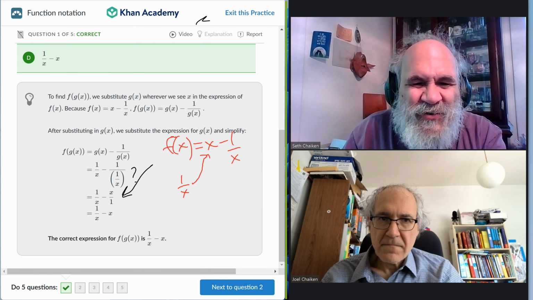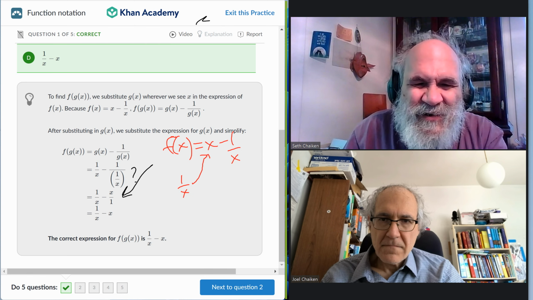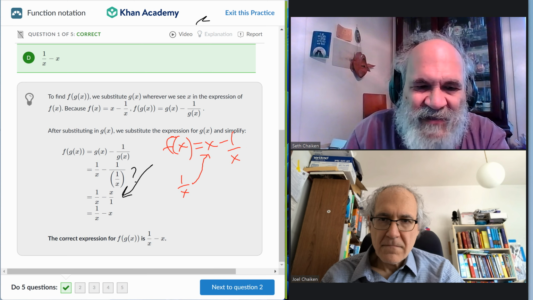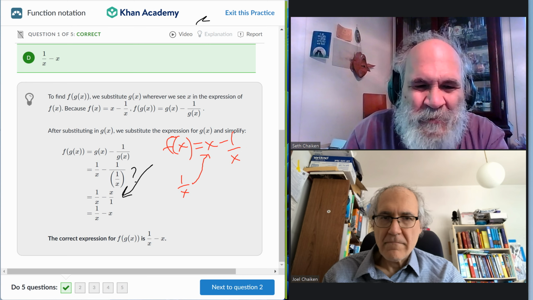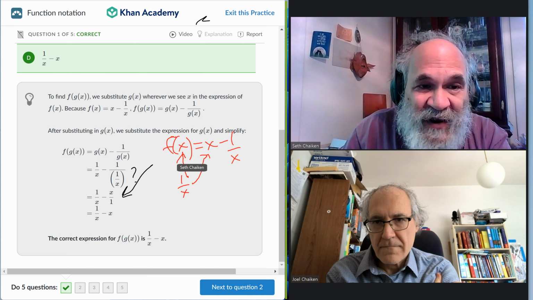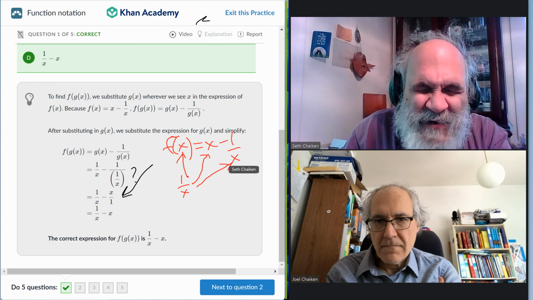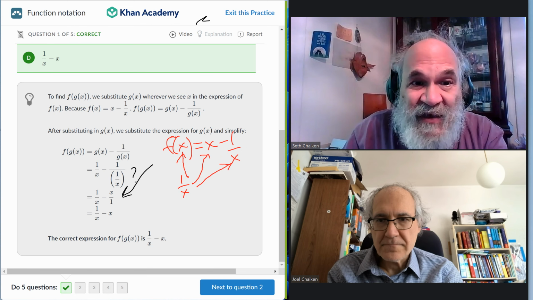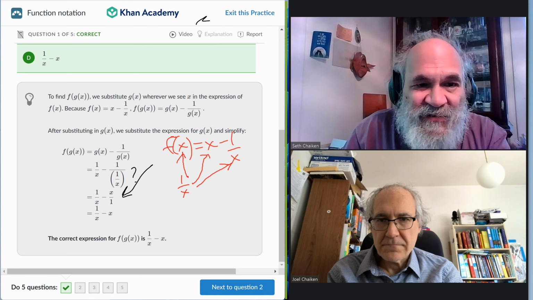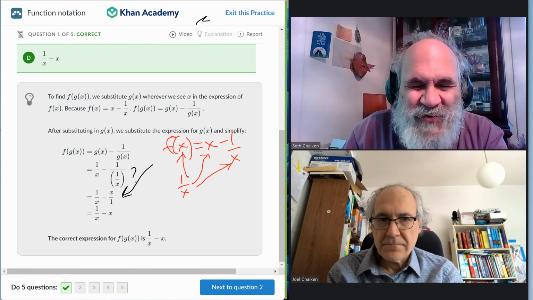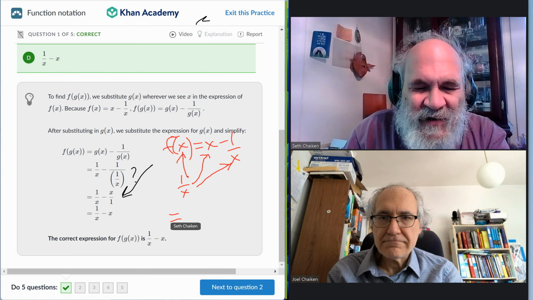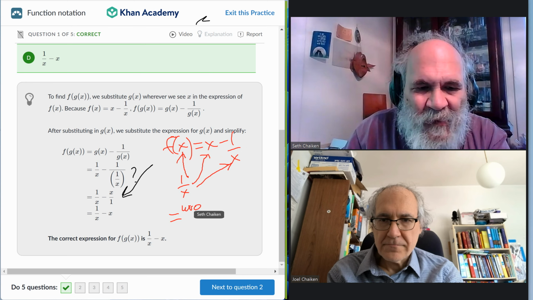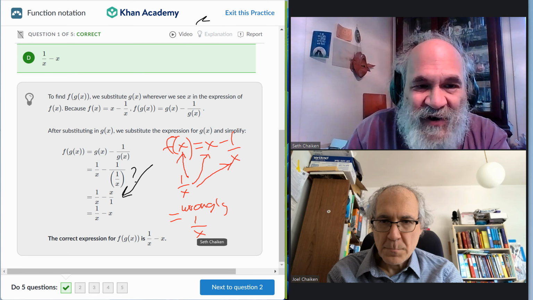A kind of mistake you could make is forgetting that substituting into this expression means you substitute wherever and every place that the x appears. A mistake you must avoid is forgetting one of the substitutions, writing it wrongly: you substitute 1 over x for the x and forget to substitute.